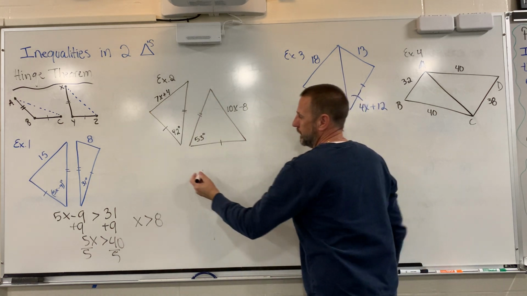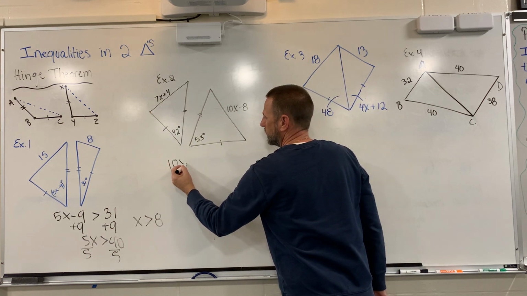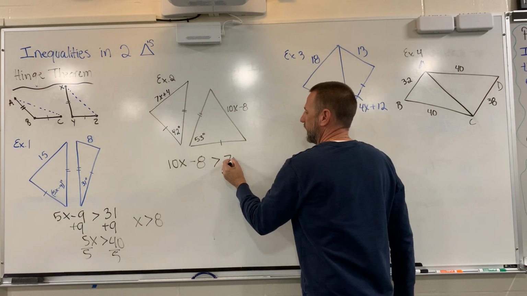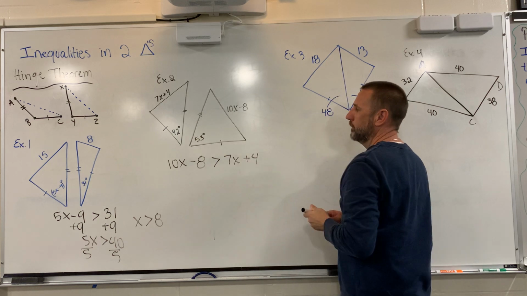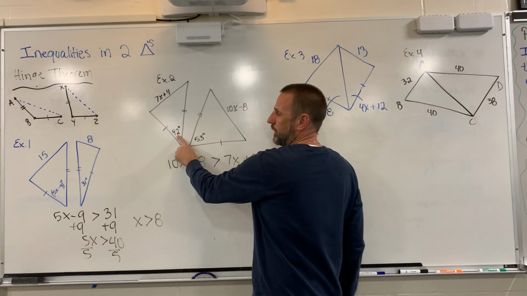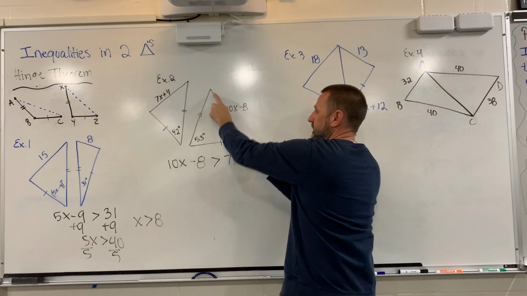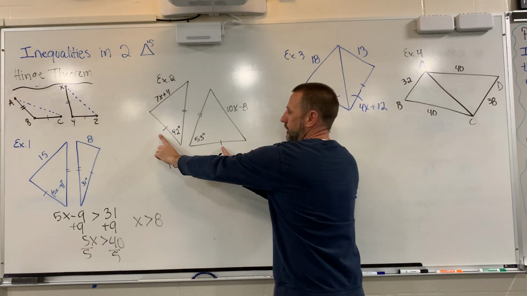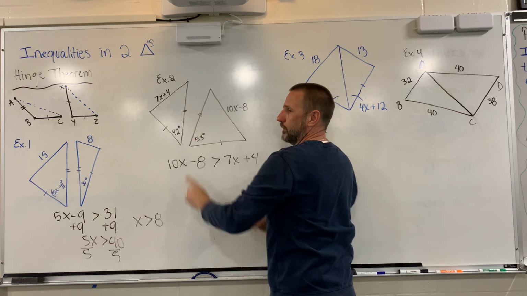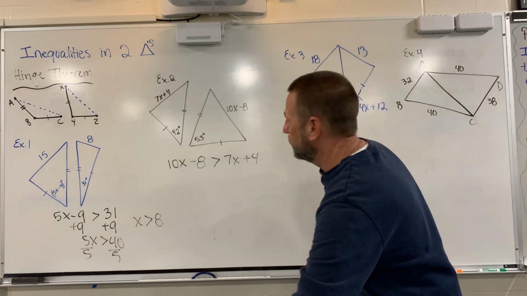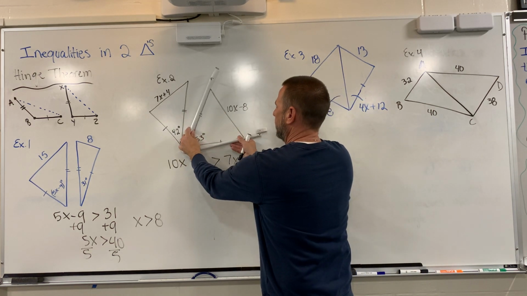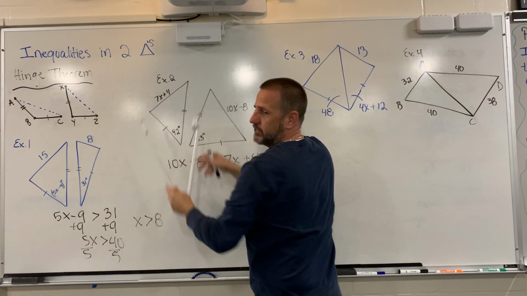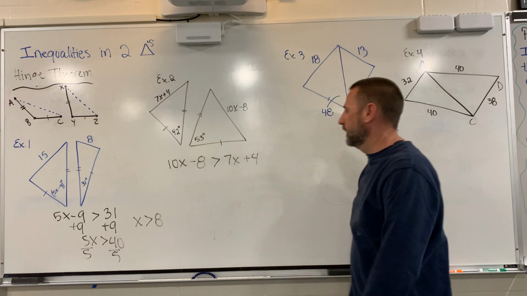Which means I should be able to write that 10x minus 8 is greater than 7x plus 4, because 53 is bigger than 42, so this distance is bigger than this distance. The only reason I can do that is because they have this side congruent and this side congruent. So that hinge tells me that if this is 53, this distance has got to be greater. That's the hinge theorem telling me that.